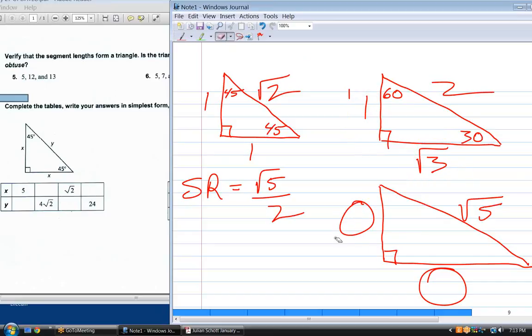Okay. So what's the vertical side going to be? Wait, so what's the similarity ratio? That is the relationship between the corresponding sides of the bigger triangle versus the smaller triangle. That's where we got square root of 5 divided by 2. This is the hypotenuse of the bigger triangle.